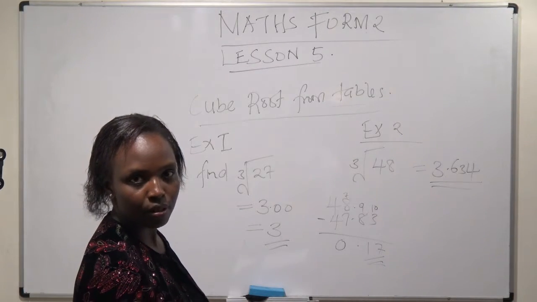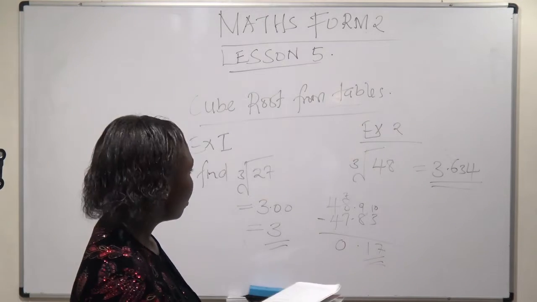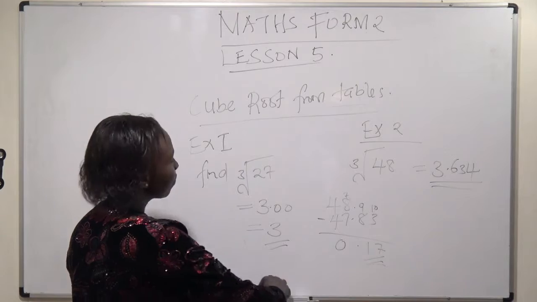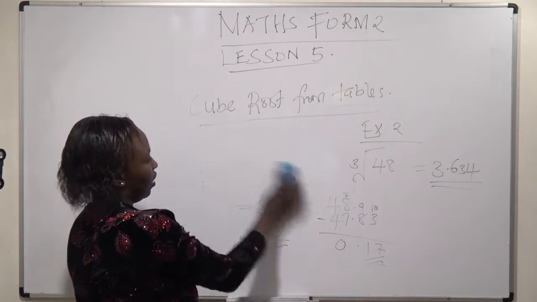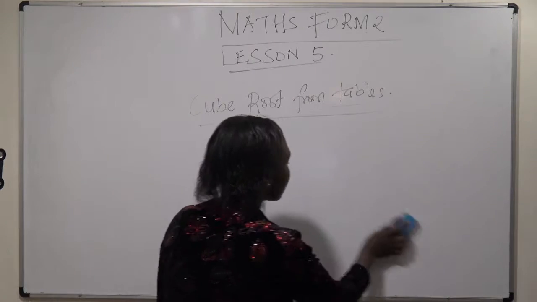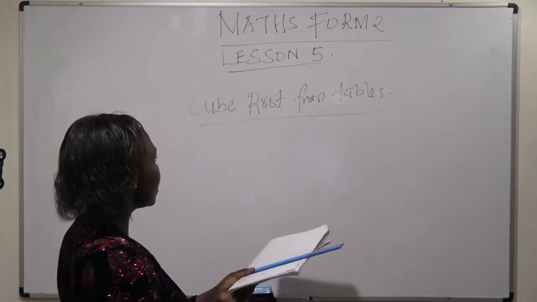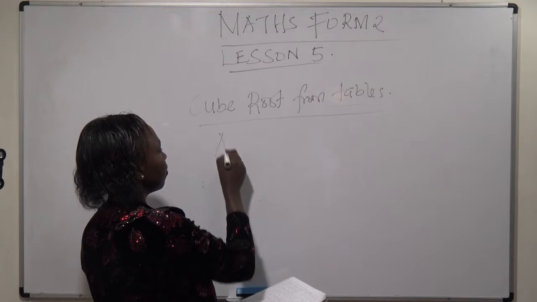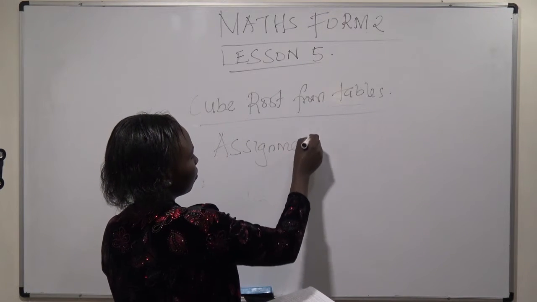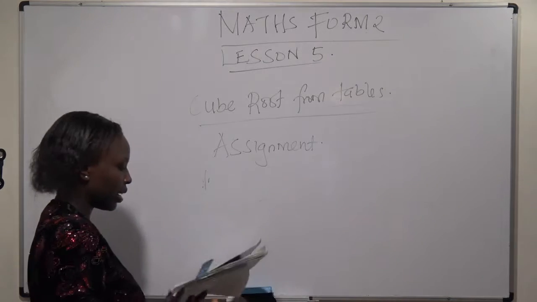And as you have seen, that is how we usually go about finding cube roots of numbers from the mathematical table. So I want to make sure that you've understood what we've already discussed, and therefore I'm going to give you some assignment for today. So attempt the following questions so that you make your understanding much better. Number 1.